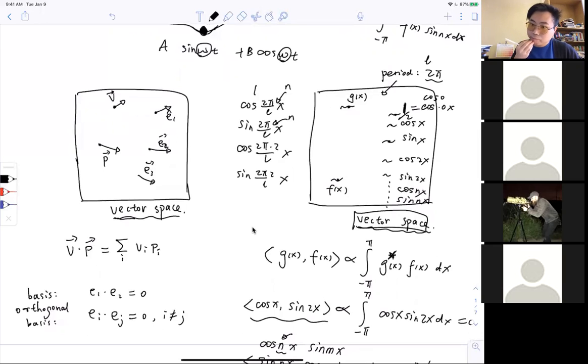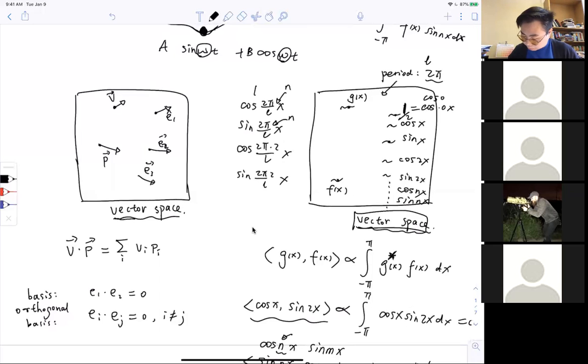Shouldn't we have the same amount of bases? No, they are not the same. They are not the same vector space. For example, if I'm in 2 dimensions, then there are only 2 bases. If I'm in 3 dimensions, then there are 3 bases. Now, if I'm in an infinite dimensional vector space, then there are infinitely many bases. Oh, okay, thank you.